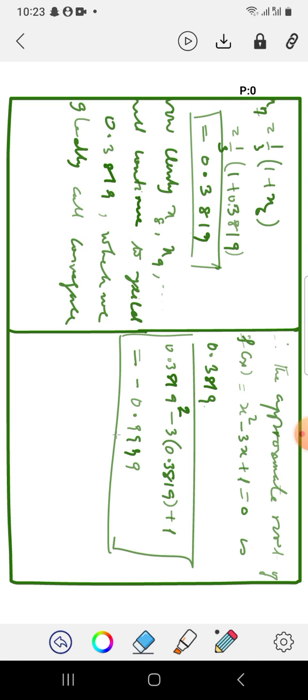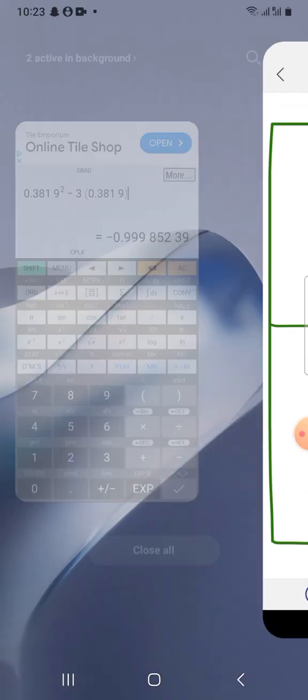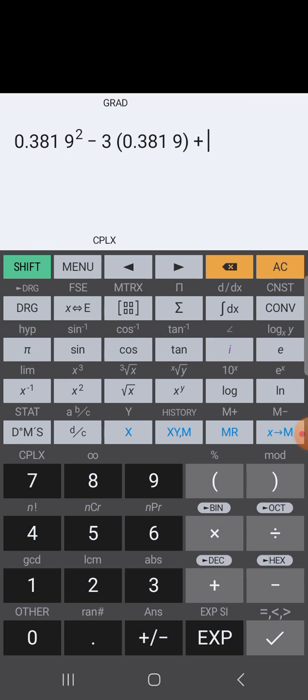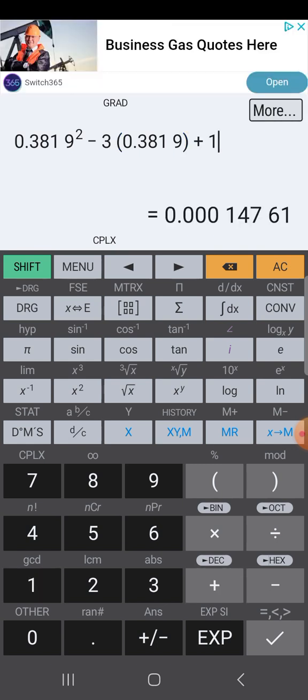Whoops. I think I made a mistake. Sorry, I have to go back. Okay, I think I have seen my mistake. I was actually wondering what was going on. I still have to add 1 plus 1.